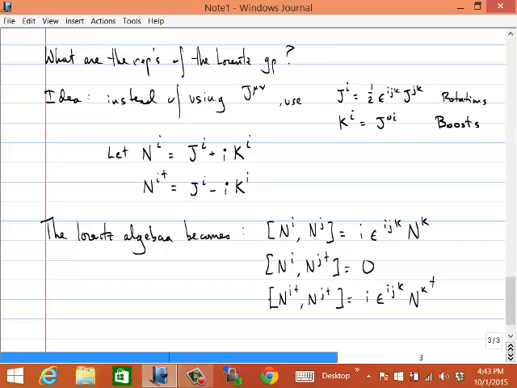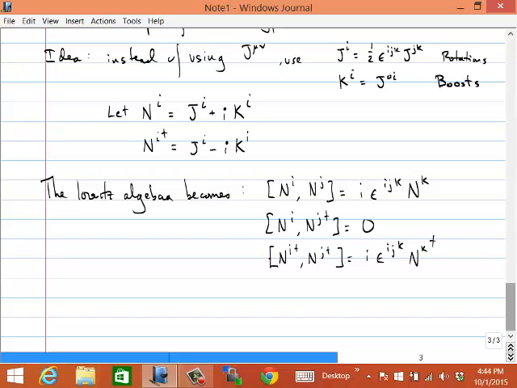The N's obey the rotation algebra, and the N daggers obey the rotation algebra. So in fact, it's not just that the Lorentz group looks a little bit like the rotation group. The Lorentz group is nothing more, nothing less than 2 copies of the rotation group.